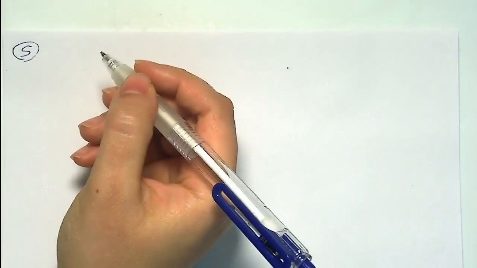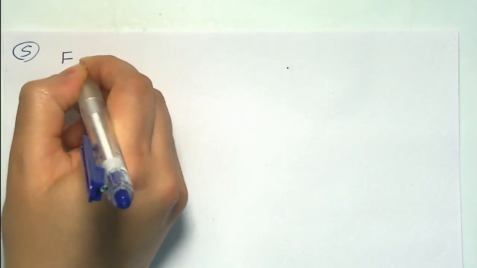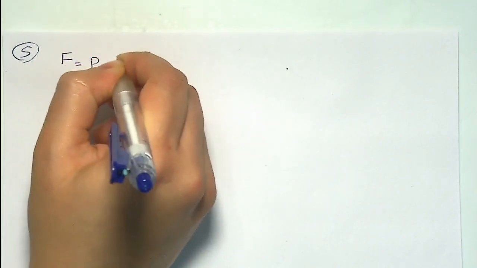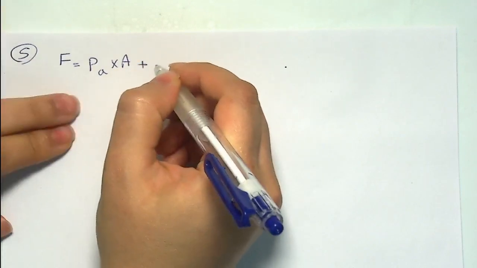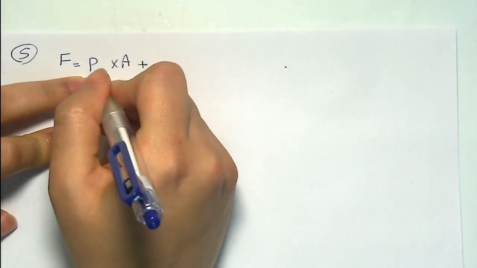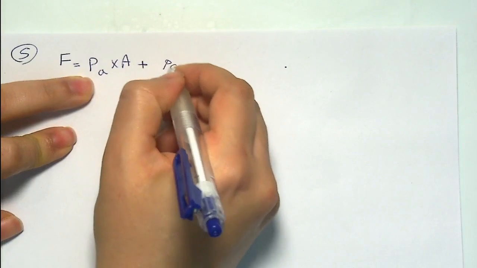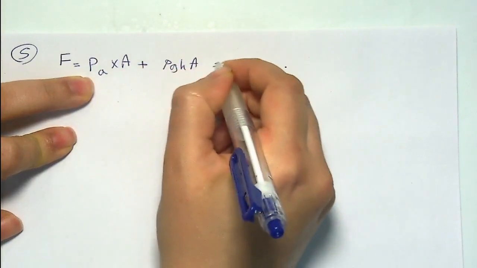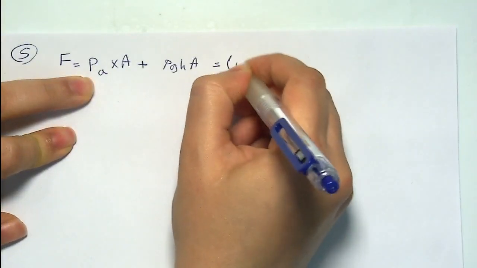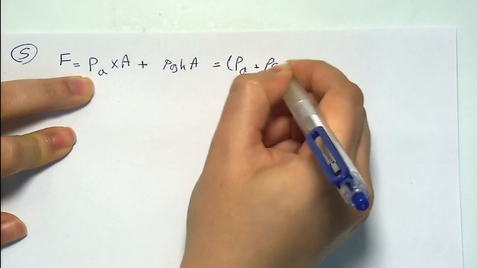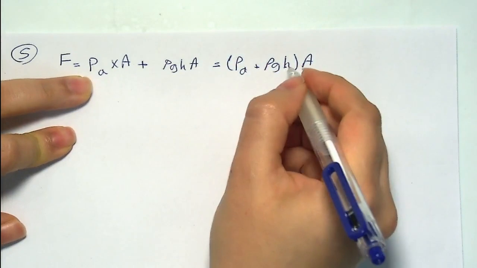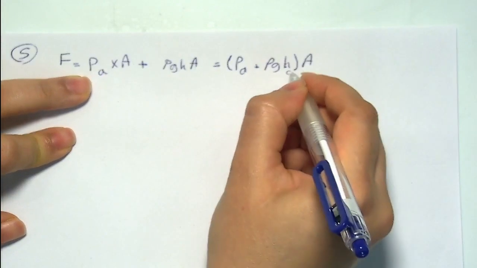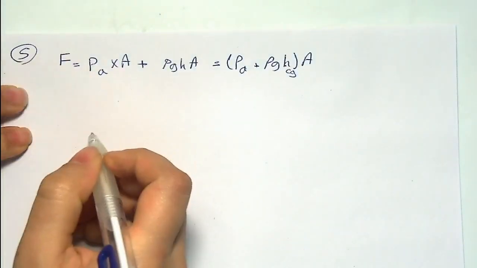Okay, so the question is asking for the pressure force. So I need to calculate the force by multiplying the pressure by the surface area. The pressure is a result of the atmospheric pressure plus the hydrostatic pressure. The A is constant for both of these, and the H that I need here is the HCG.